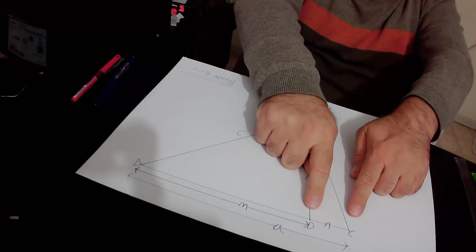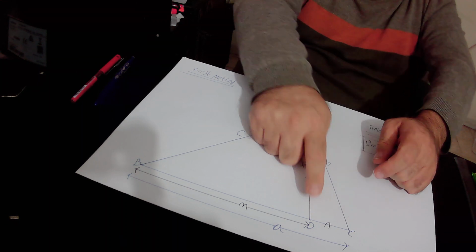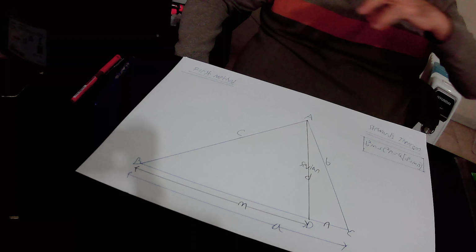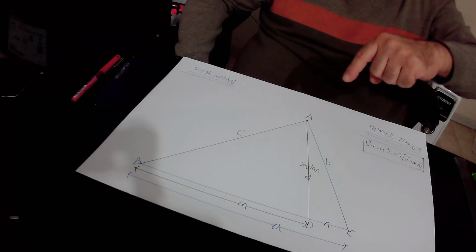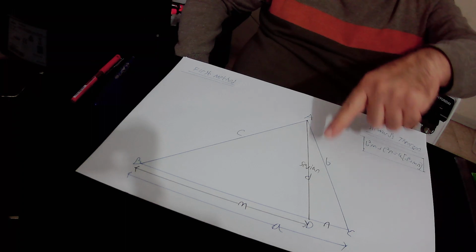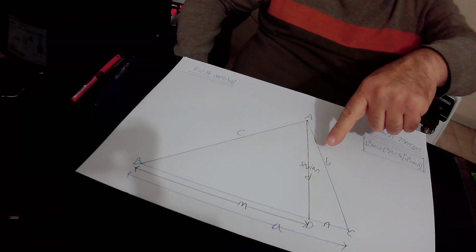Line segment DC equals N units in its length, and here the cevian in this triangle ABC is line segment AD. Again, AD is the cevian in triangle ABC, and we know that the length of the cevian is D.